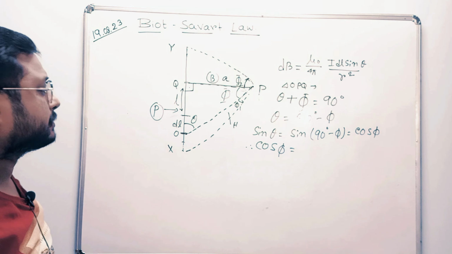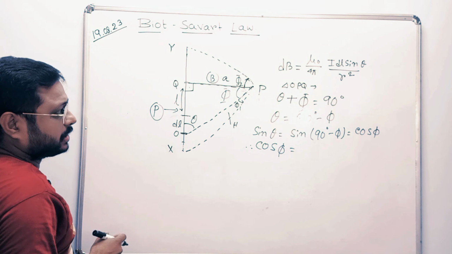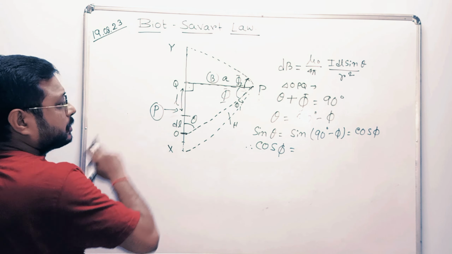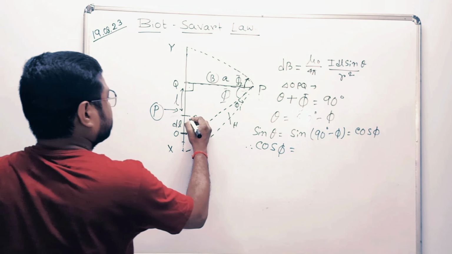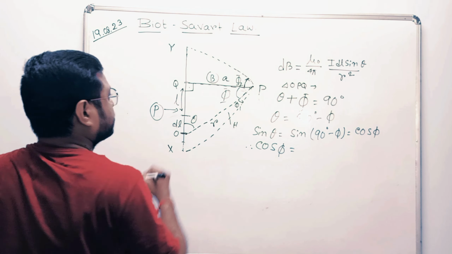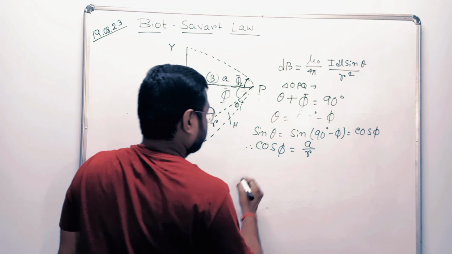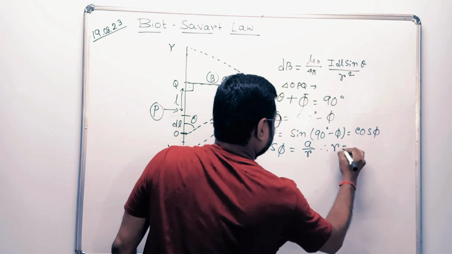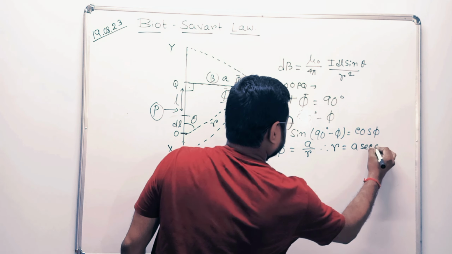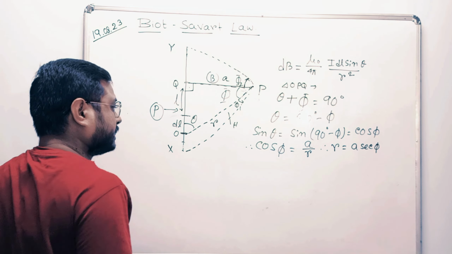So cos phi becomes base by hypotenuse. If this distance is r, then cos phi is a by r, or we can say that r equal to a by cos phi, that means a sec phi.